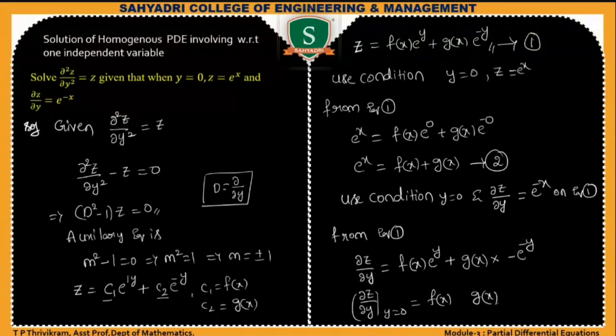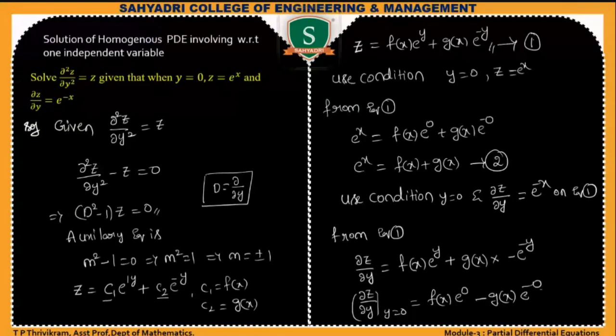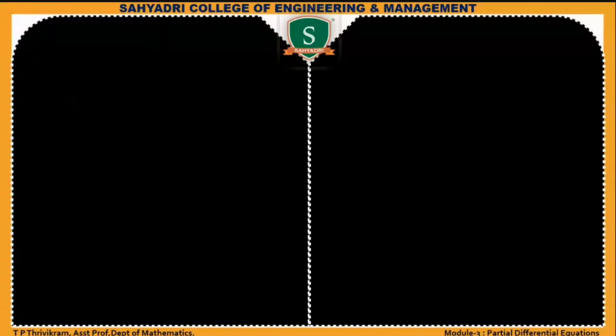Otherwise we can write it as f of x e power 0 minus g of x e power minus 0. Actually, this is e power minus x. So e power minus x is equal to f of x minus g of x. Take it as equation 3.